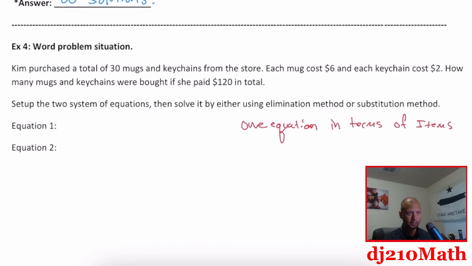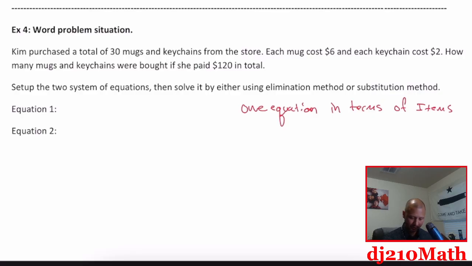Right, some equation that talks about the items that are purchased. And then we have one equation in terms of money or cost.